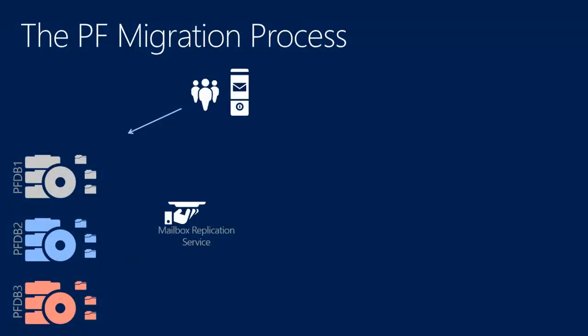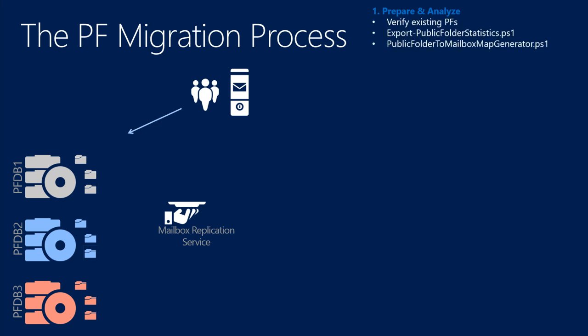So from the process perspective, I have a nice-looking slide here. Let's assume we have 3 public folder mailboxes. The mailbox replication service is responsible for replicating the public folder content. So they are connected here. First, when you want to migrate, you prepare and analyze.